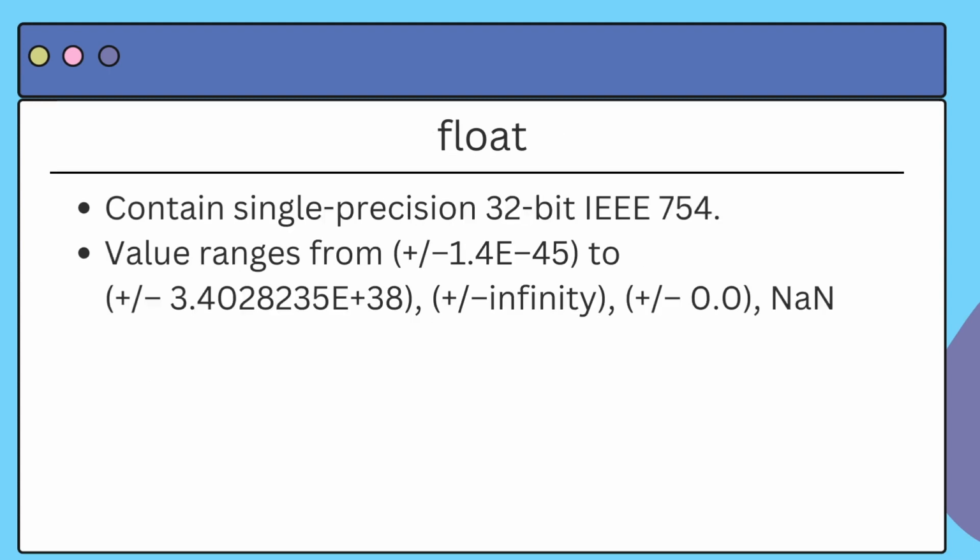All right, so now let us look at float. A float contains a single precision 32-bit IEEE 754 floating point, right? So this is nothing but the representation scheme of storing floating point numbers. And the values include numerical values, which are positive and negative. Apart from that, it has negative and positive infinity, negative and positive zero, and a special value called not a number, right?